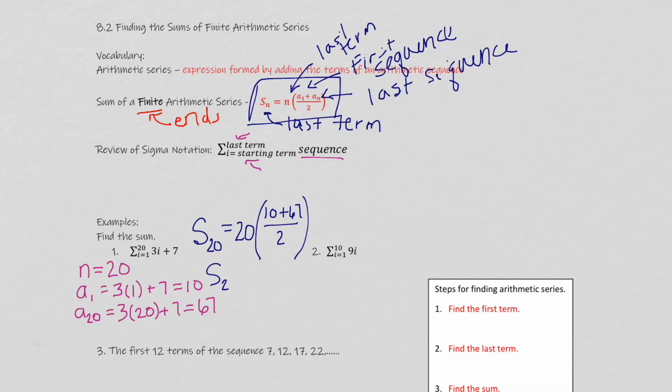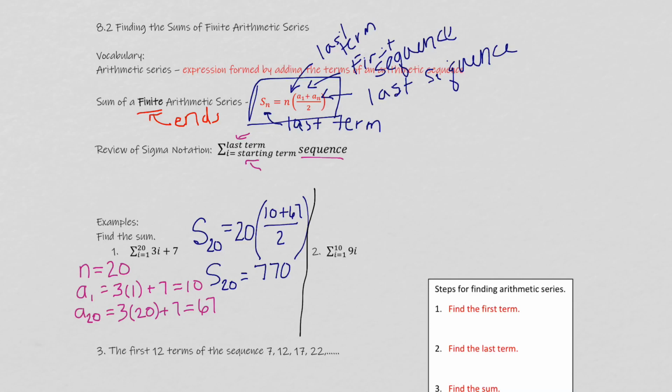When you type all that in your calculator and work it out, you would find the sum of these first 20 terms would be 770. So you're going to want that calculator to help you with some of that.